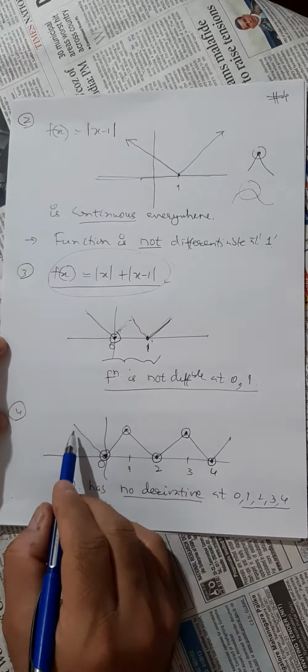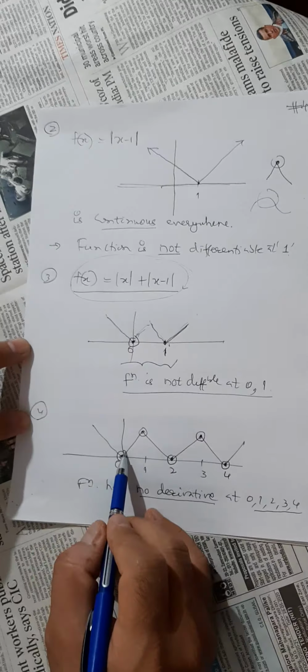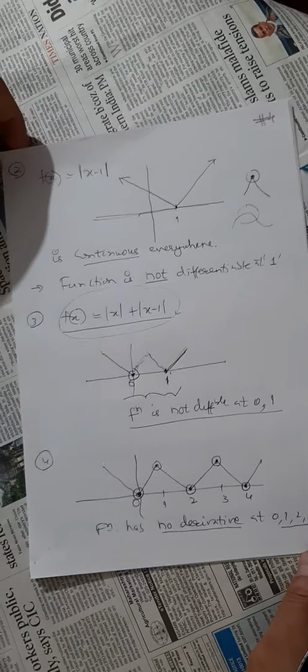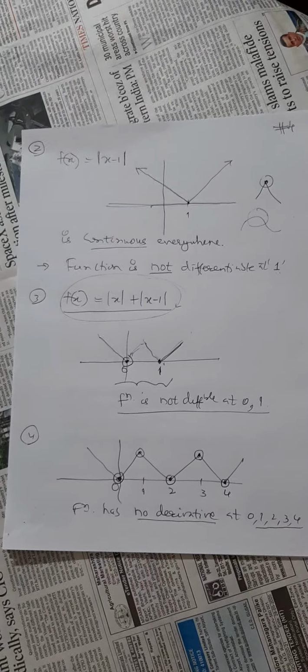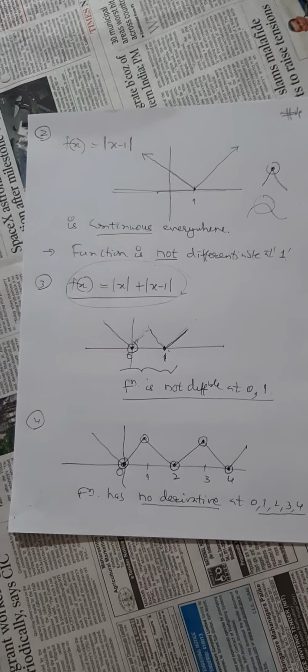But it is continuous. If you see the graph, there is no break in it. So what I'm trying to tell you is that a continuous function may not be differentiable, whereas if you have a differentiable function, it must be continuous.